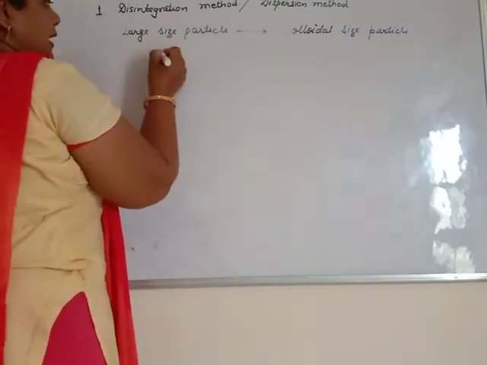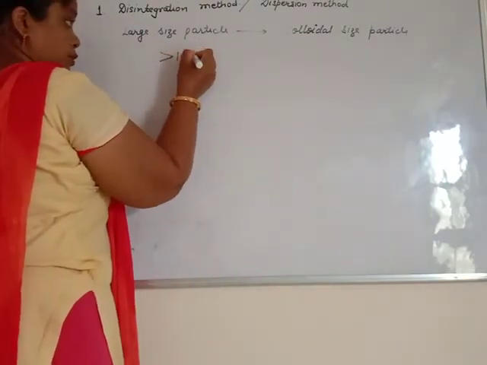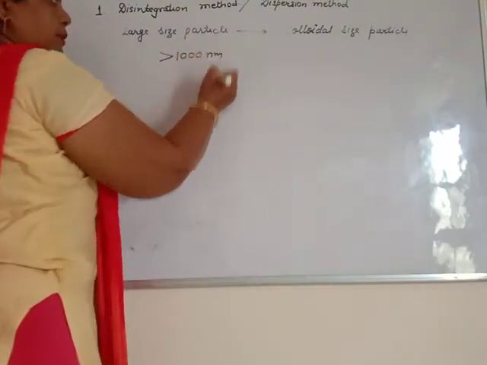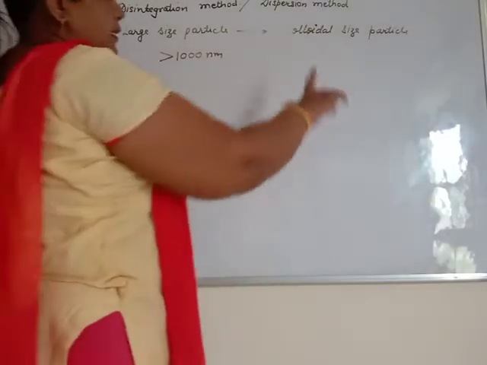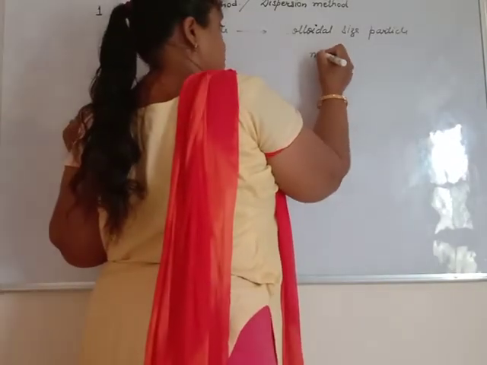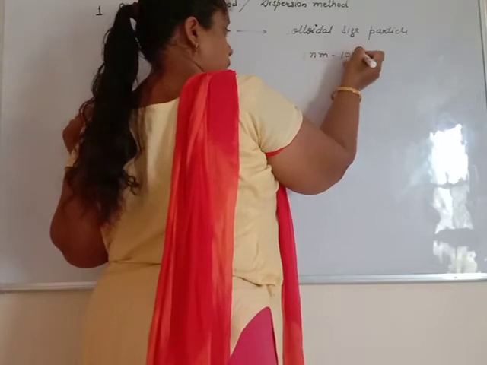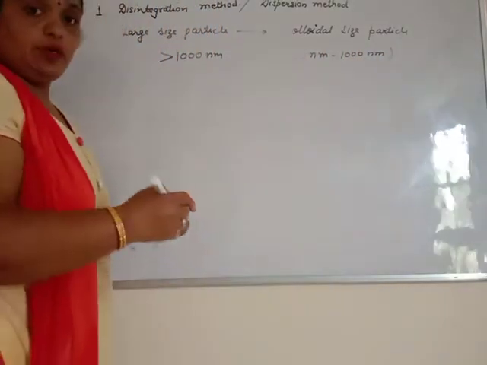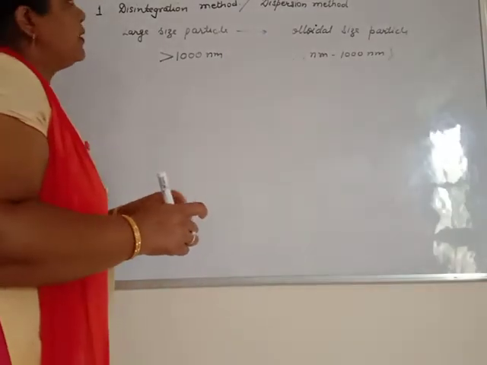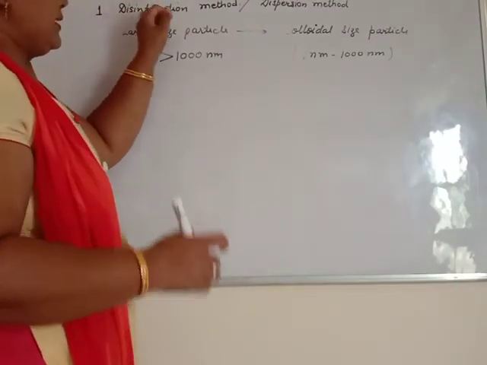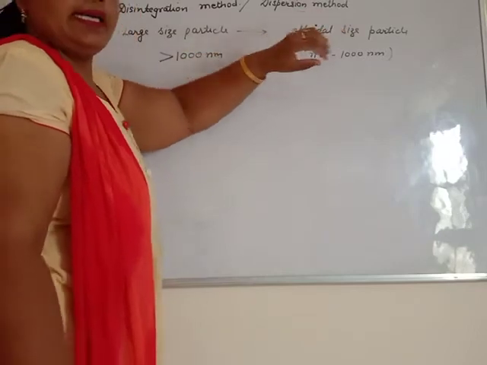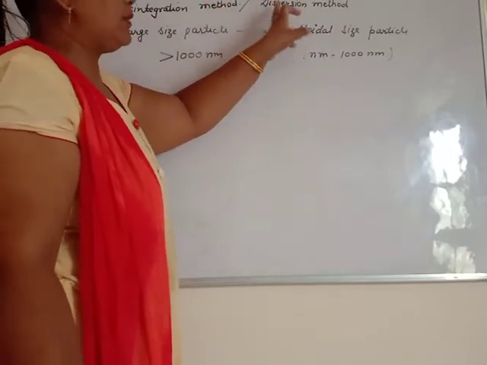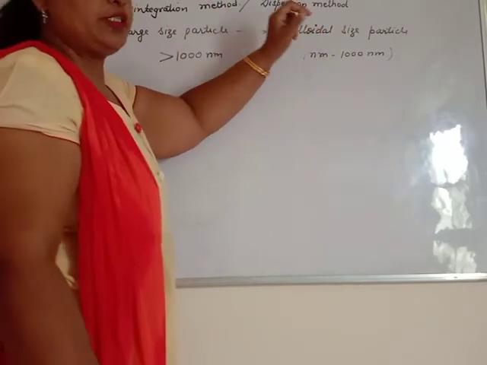Larger size particles have a size of more than 1000 nanometer and can be seen by naked eyes, but the colloidal range is 1 nanometer to 1000 nanometer. A particle size between 1 nanometer and 1000 nanometer is the result of disintegration, and this colloidal particle gets dispersed in the dispersion medium. Then this method is also known as the dispersion method.